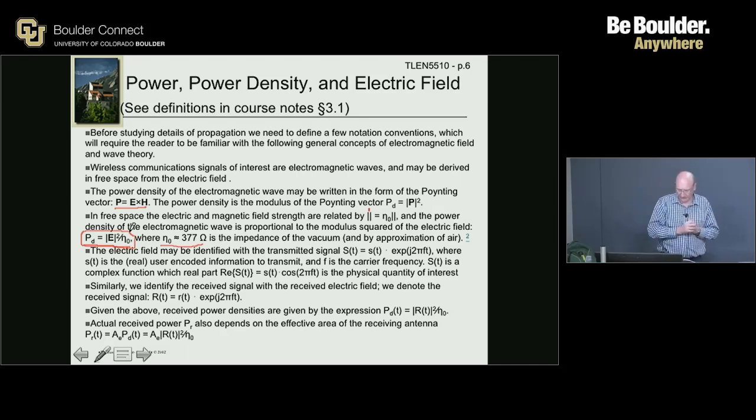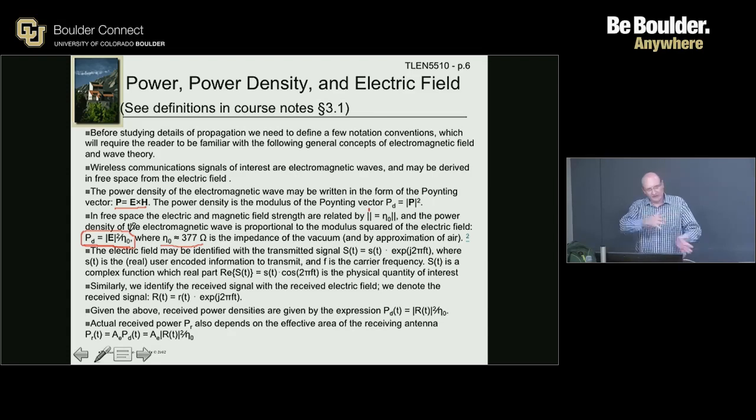If you want more details, there are a few references in the class notes. Some are a little larger, some are a little smaller than the actual size of the antenna, but give or take 10% in the general area. So the power received is the effective area times the modulus of the electric field received squared, divided by eta 0.